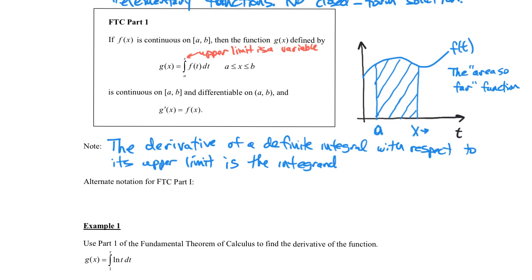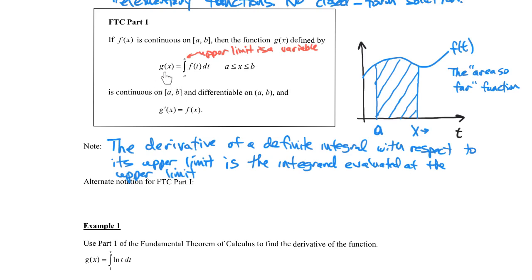Remember, the integrand is this thing right here, that's the integrand f of t. It is the integrand evaluated at the upper limit. So we can see it right here.